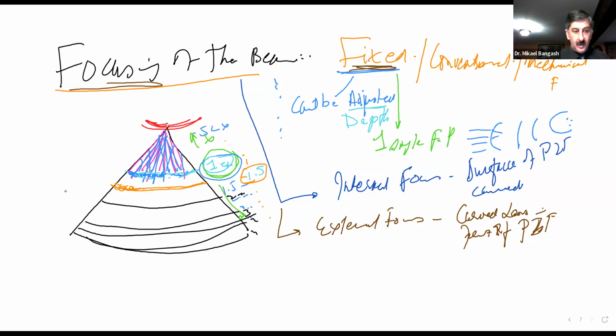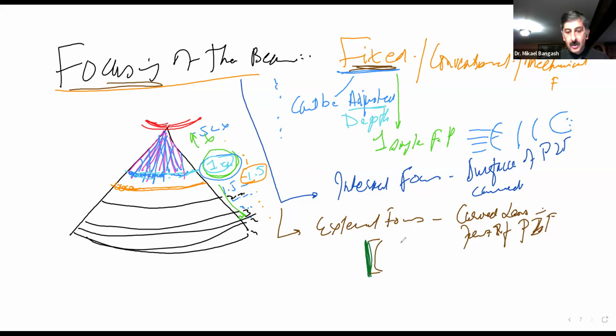Whereas for your external focusing, what did we have? Well, we had the regular PCT, but in front of that PCT there was a curved lens.